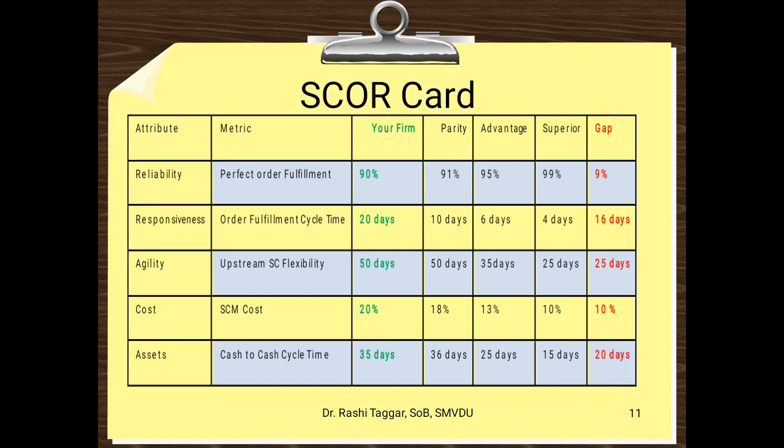On comparing the performance in terms of the metric perfect order fulfillment, it is observed that your firm is 9% behind the superior's performance. The gaps in red help in determining the improvements required in terms of specific attribute in comparison to parity, advantage, or superior performance. In this table, the actual performance of your firm is compared with the superior as the desired performance.